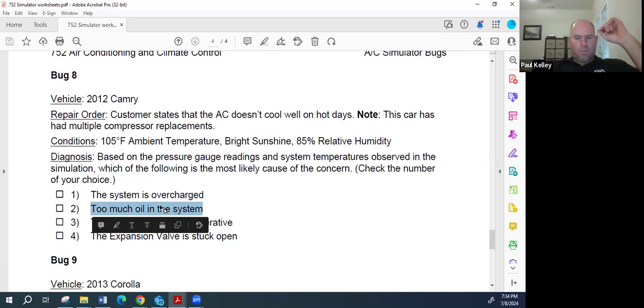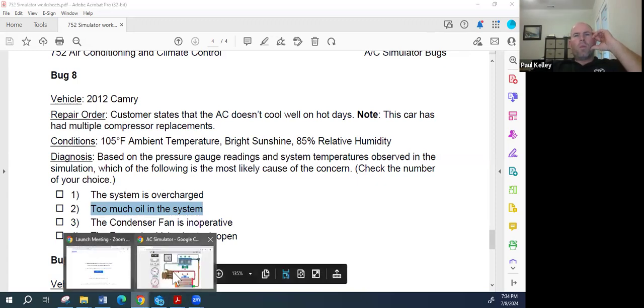You might have 13, 14 ounces kicking around in there. And then you do that again, because it said multiple. It didn't say the compressor was replaced. It said multiple. So we're talking at least there's been 3 in there, because we don't count the original. Now, if that's been the case, this thing could easily have double or triple the amount of oil in the system. Why is that potentially going to cause the AC to blow warm?